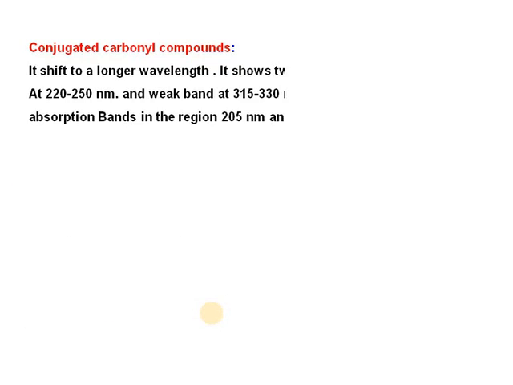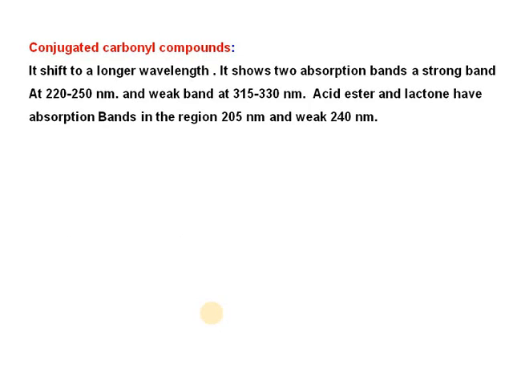Next, we have the alkenes, like carbon-carbon double bonds, and when these carbon-carbon double bonds are in conjugation, they show different values. For example, when ethylenic double bonds are conjugated with a carbonyl group, the absorption can shift to longer wavelength.